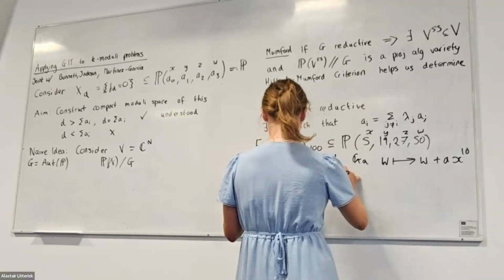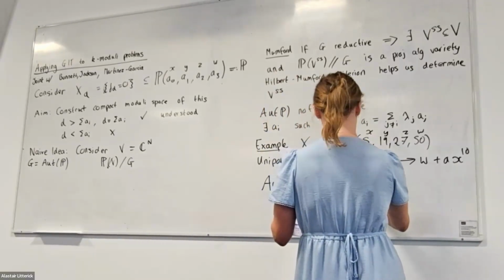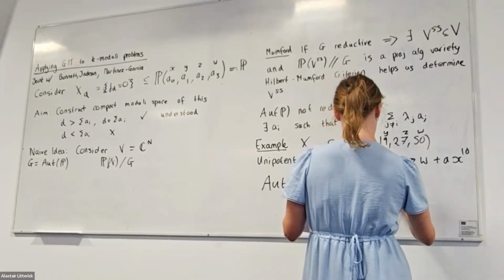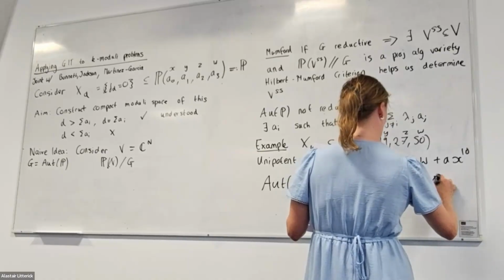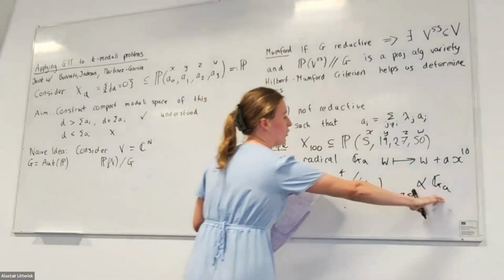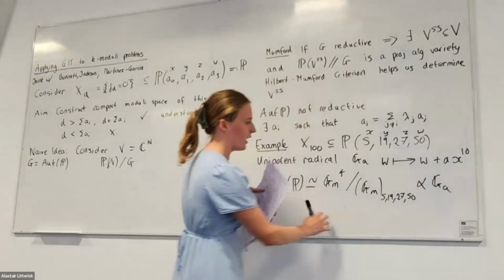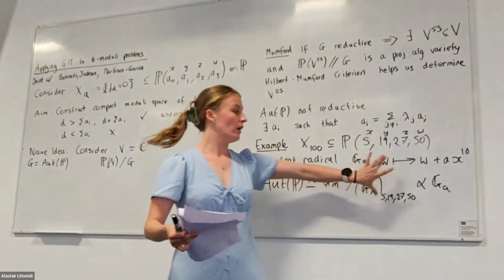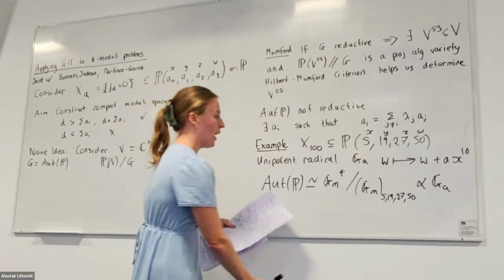Here we have the general multiplicative group to the power of 4, and here's our unipotent part. This part of our automorphism group is the reductive part, and this is the unipotent radical.